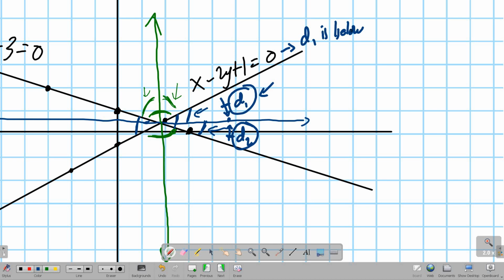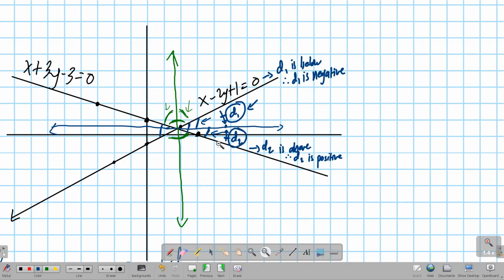So, if we're going to use that as a basis, therefore d sub 1 is negative, because it is below. On the other hand, this d sub 2 is above. This line here, d sub 2 is above. Therefore, d sub 2 is positive.